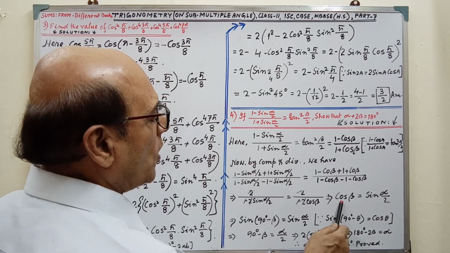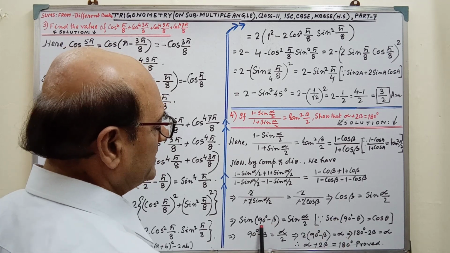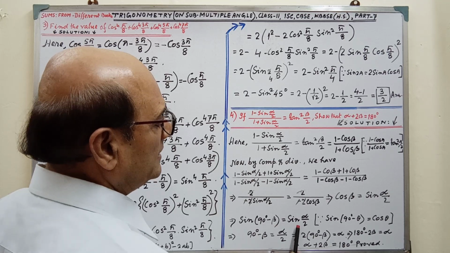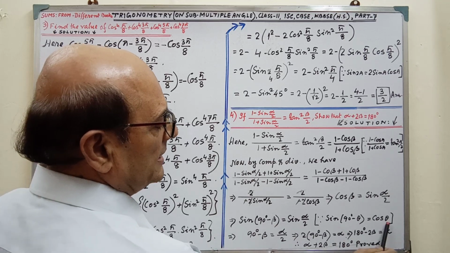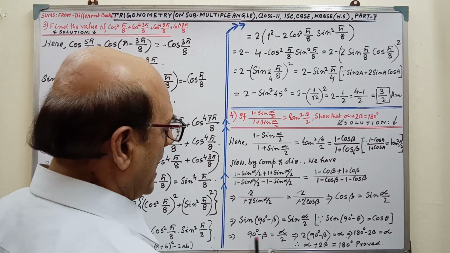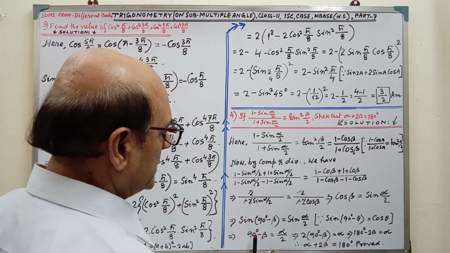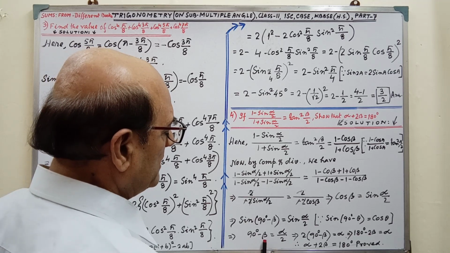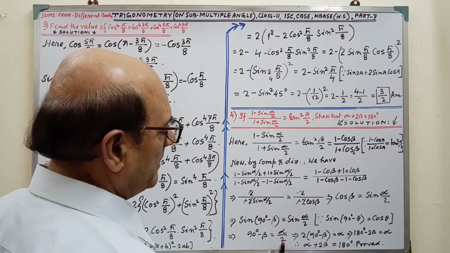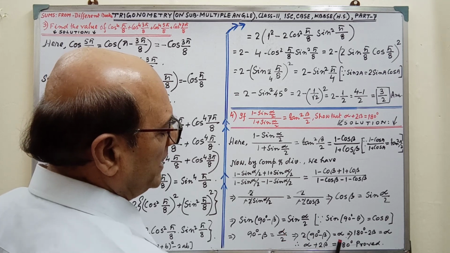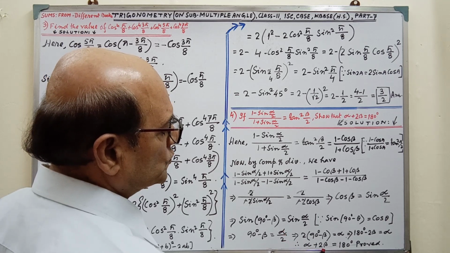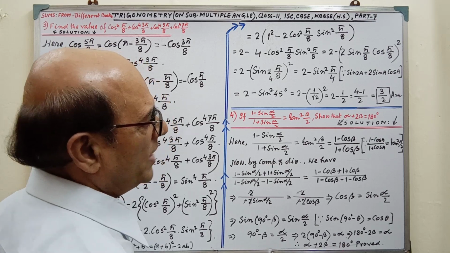So in place of cos beta, we may write sin (90 degree minus beta). Then since here is written this, and sin will be cancelled, then it will be 90 degree minus beta equal to alpha by 2. By simplifying, we are getting alpha plus 2 beta equal to 180 degree.